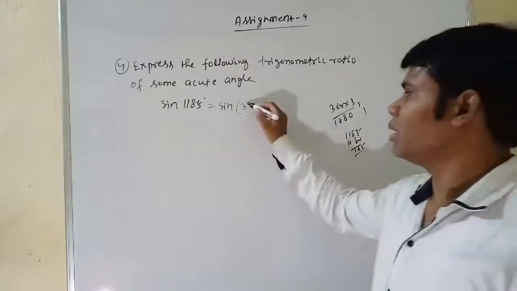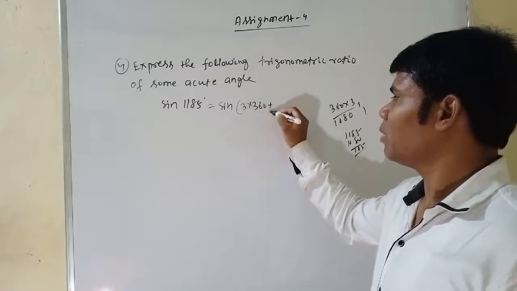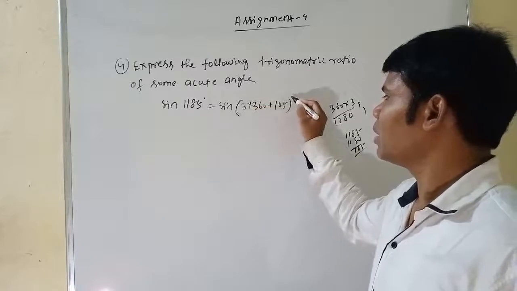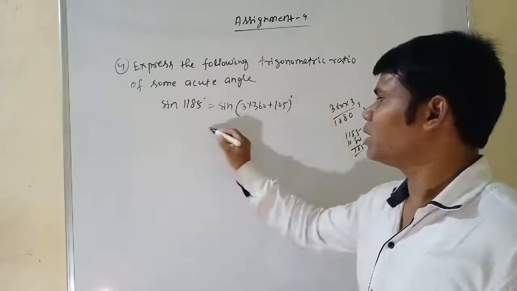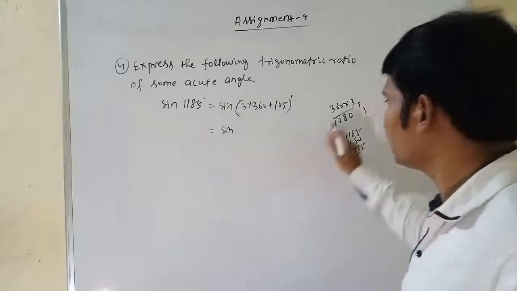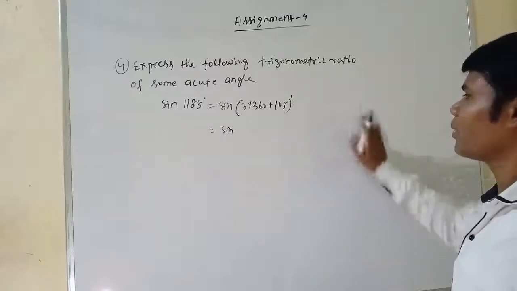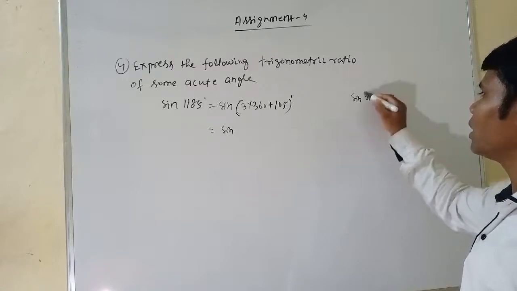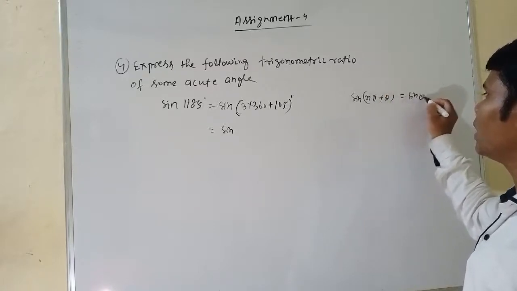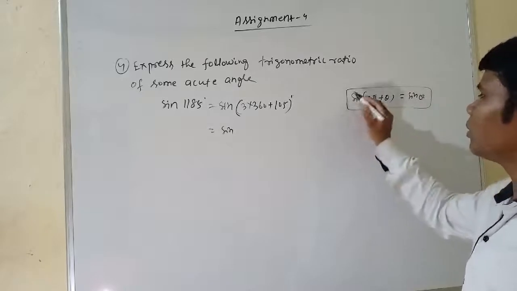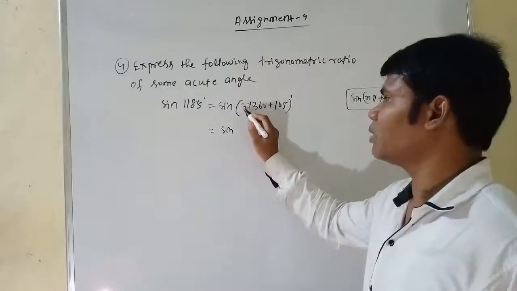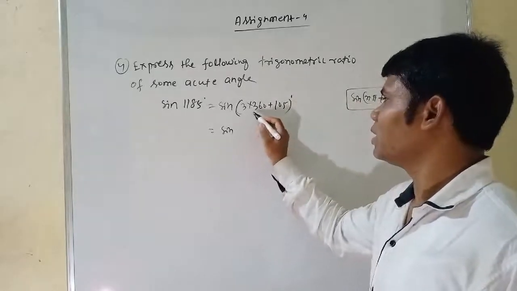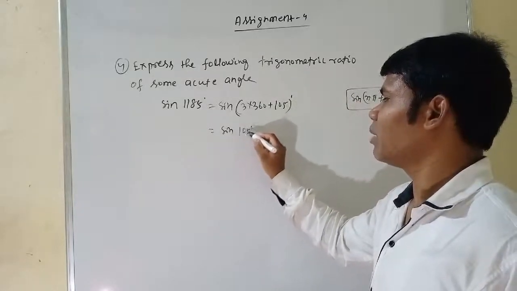Okay, 3 into 360 plus 105 degree. That means it is equal to sine, you know the formula, sine n pi plus theta is equal to sine theta. Use this formula here, you can get n is equal to 3, sine 3 pi plus theta is equal to sine theta, and that is sine 105 degree.